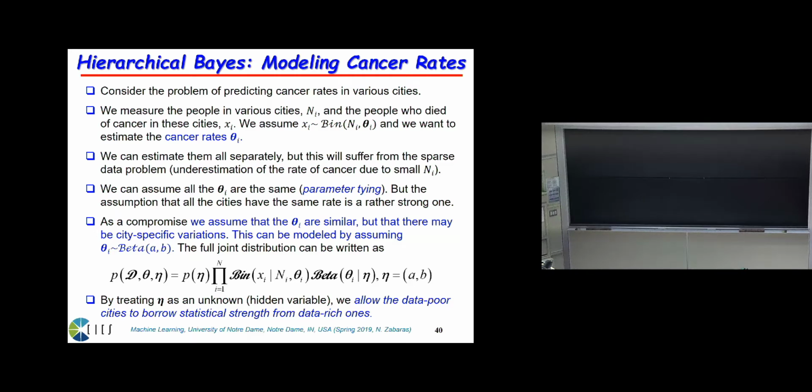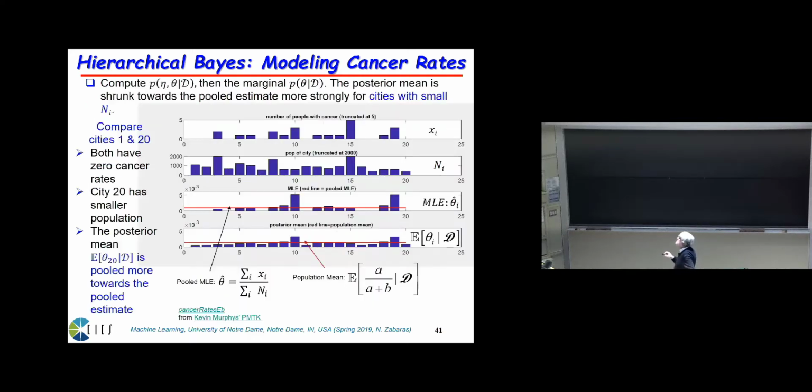It's a very computationally expensive thing to do. What we're going to do is fix it at some point estimates, but these point estimates will be computed from all the data, and because eta is computed from all the data, these parameters theta now become dependent on each other, so they will share strength to make the predictions more reasonable.